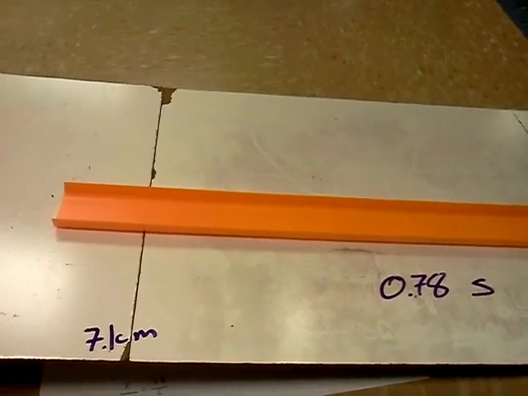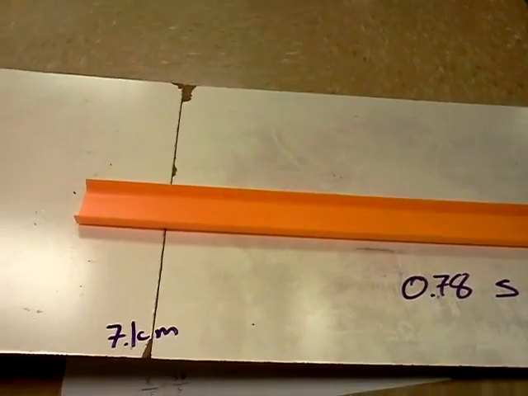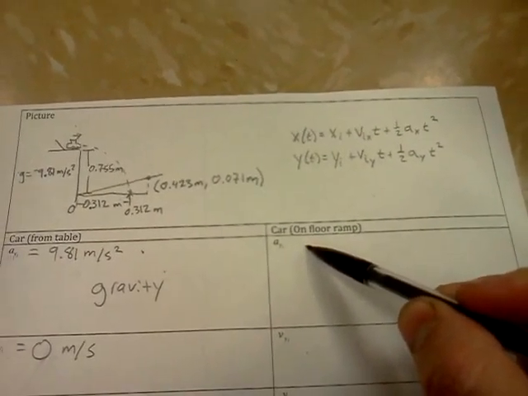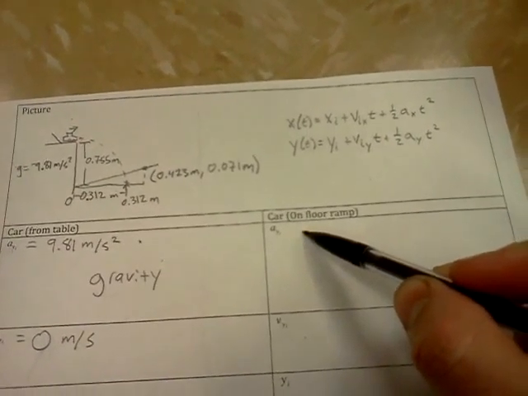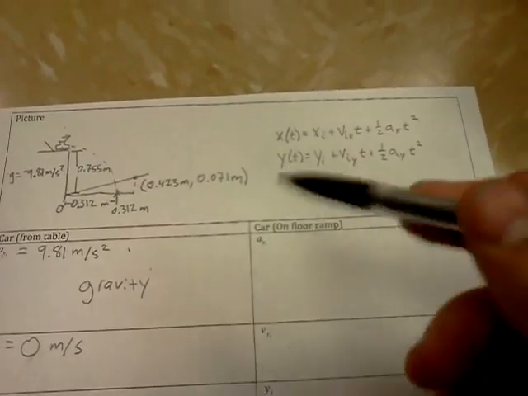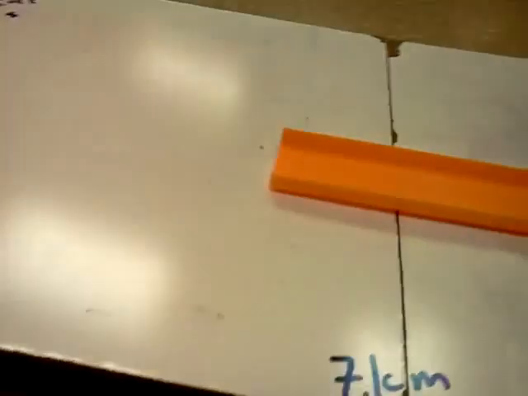Okay, so the way we figure that out is we start filling in all the information we know. Acceleration in the y direction, we don't really know right now. We do know that that acceleration is caused by gravity, but we also know that it's not going to be the same as gravity.